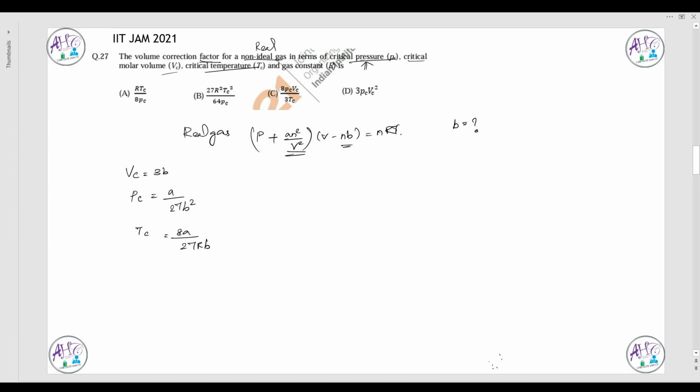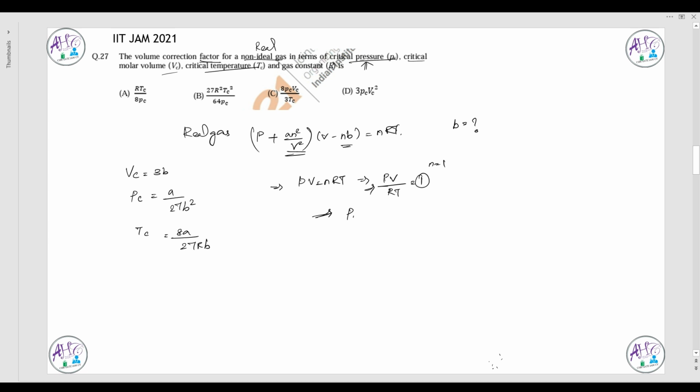Okay. So simply, now we are going to rewrite this equation. For an ideal gas, we write PV equal to nRT. So you can also rewrite this as PV by RT equal to 1, if I consider n equal to 1 mole. Now for a real gas, we are going to substitute all the values in critical form.